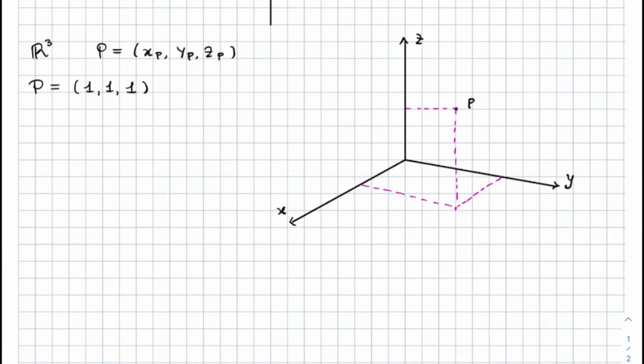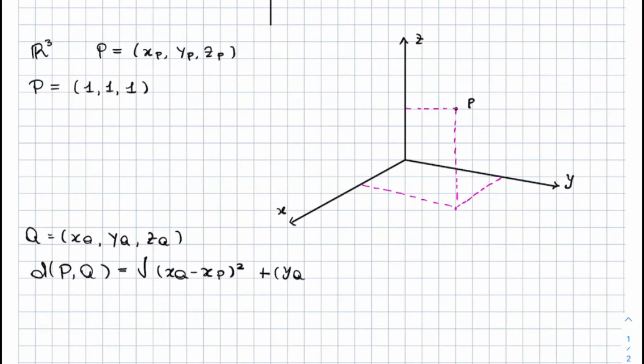Well, we consider a point Q of coordinates xq, yq, zq, and we define the distance between P and Q to be the square root of (xq minus xp) squared plus (yq minus yp) squared plus (zq minus zp) squared.